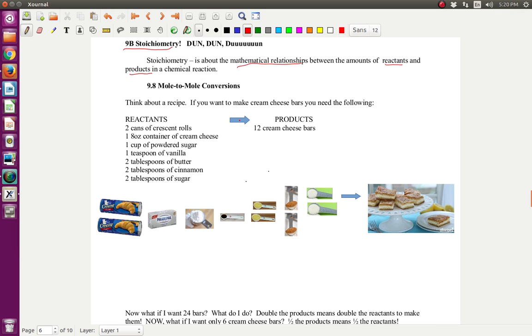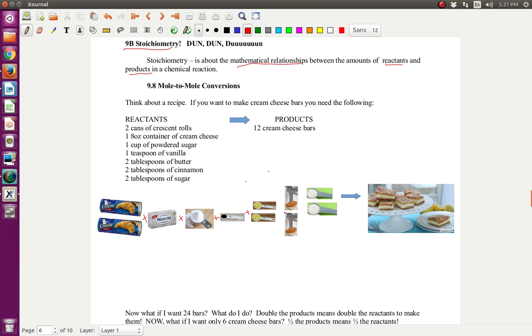So let's look right here. We have a recipe for cream cheese bars, and it involves 2 cans of crescent rolls and 1 bar, basically, of cream cheese. And then you're also going to need a cup of powdered sugar and a teaspoon of vanilla.